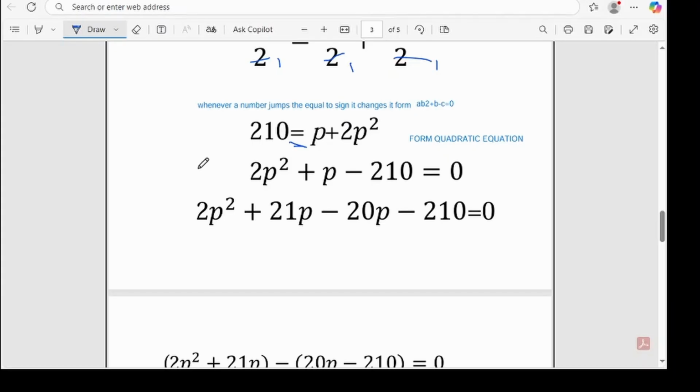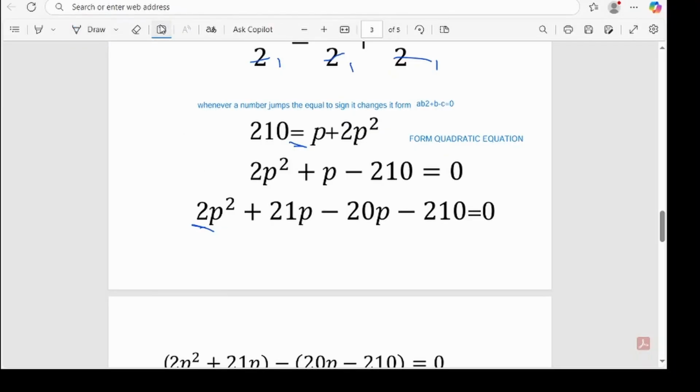So the leading coefficient is 2. Here is the coefficient, 2 is the coefficient, right?